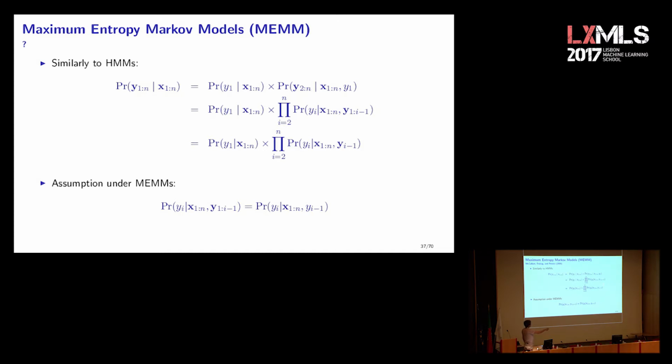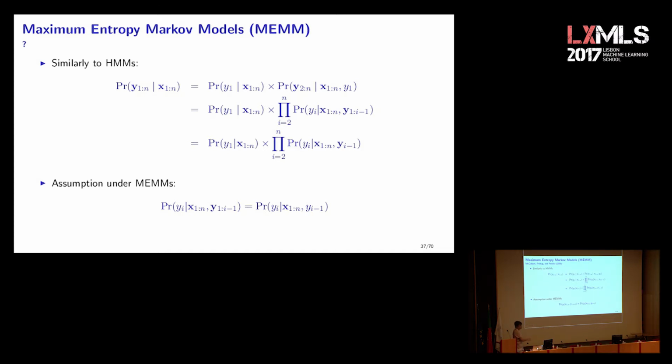The underlying assumption is that the probability of one tag given the full history is the same as the probability of one tag given just the previous one. Another way to see it is that, given the previous tag, the current tag is independent of the rest. There's no information in the earlier tags that is relevant for the current tag if you already know the previous one.